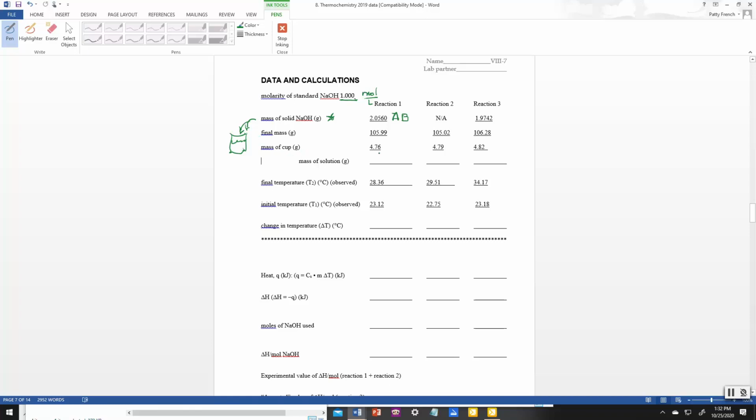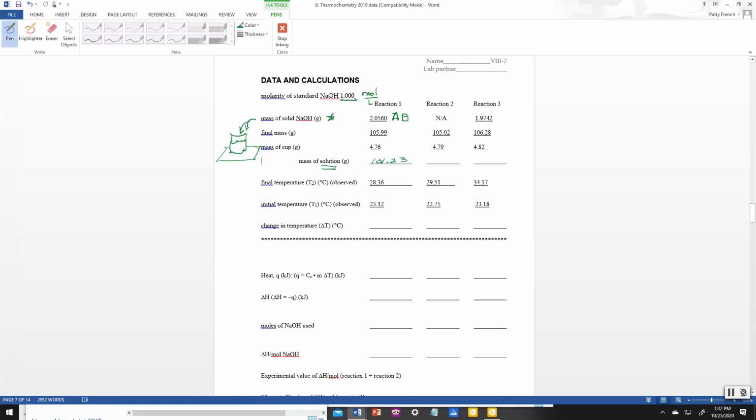So initially we massed the cup. In order to find the mass of the solution, we massed the cup. And then we took the final mass when everything was done. Now this final mass included the mass of the NaOH. So the mass of the solution ended up being 101.23.